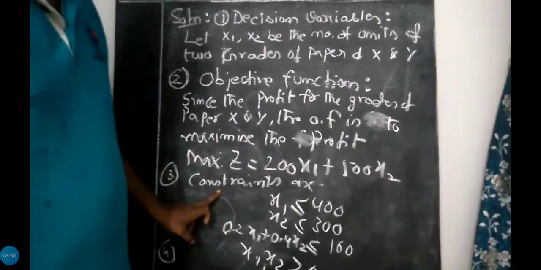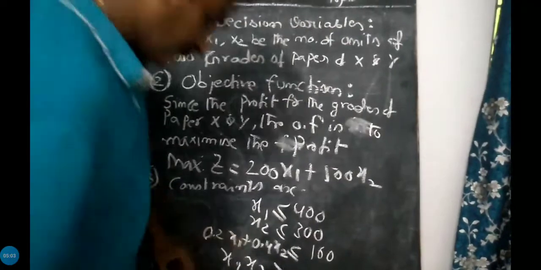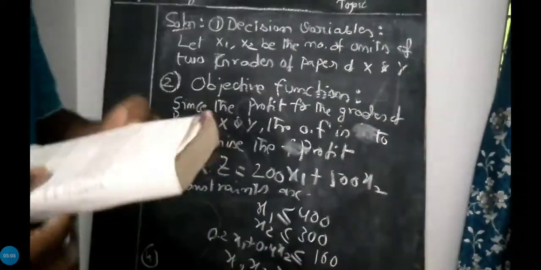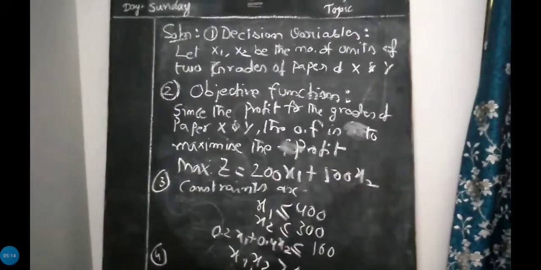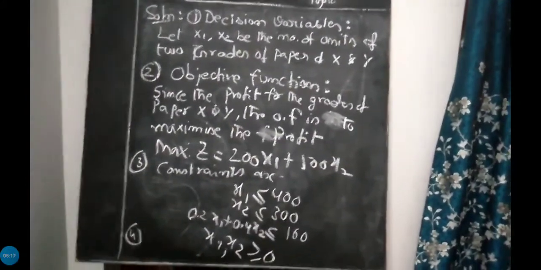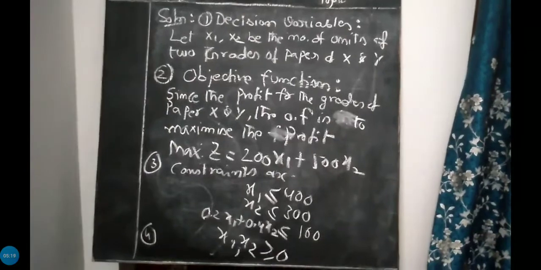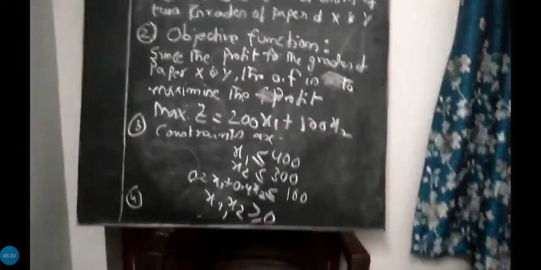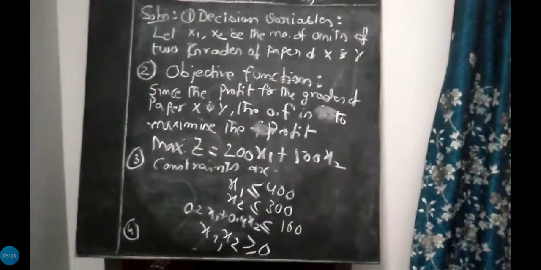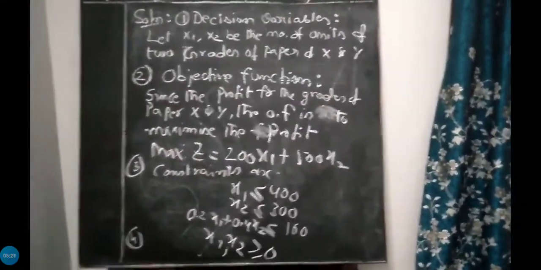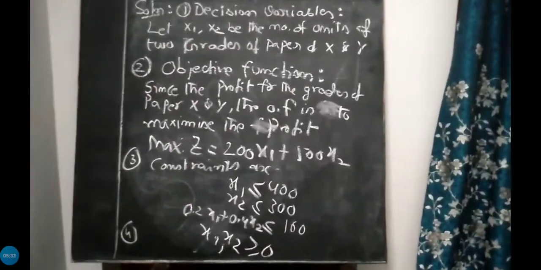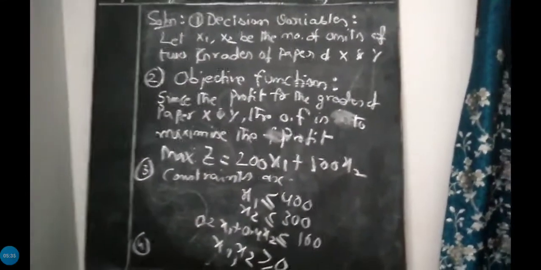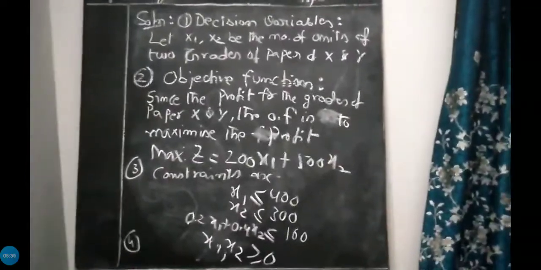And then we construct the constraints. Here, the plant cannot produce more than 400 tons of grade X. That means x1 is less than or equal to 400, and 300 tons of grade Y in a week, that is represented as x2 less than or equal to 300, and there are 160 production hours in a week.